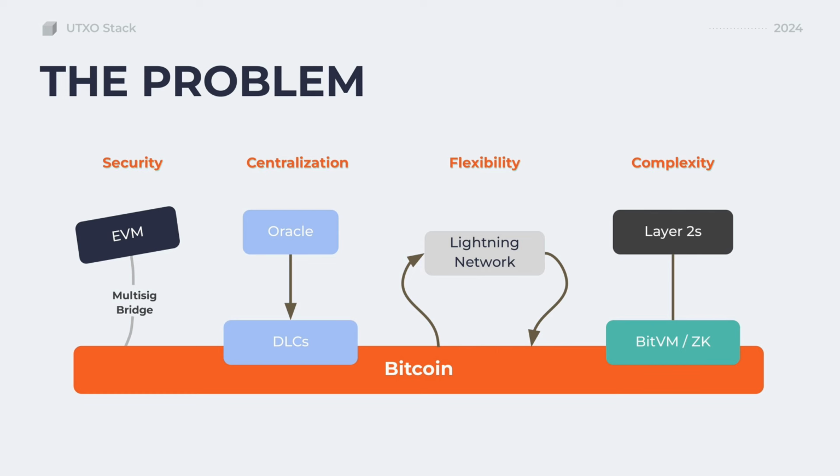The second solution is a rollup for Bitcoin. You need to verify the layer 2 state directly on Bitcoin layer 1, so you need something special in Bitcoin script. So we have BitVM. It's a very sophisticated technology.